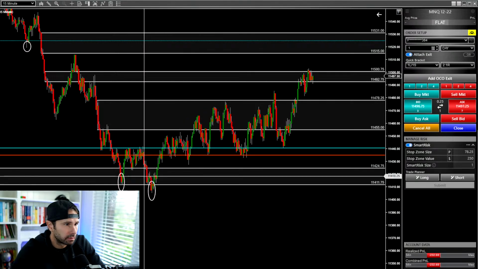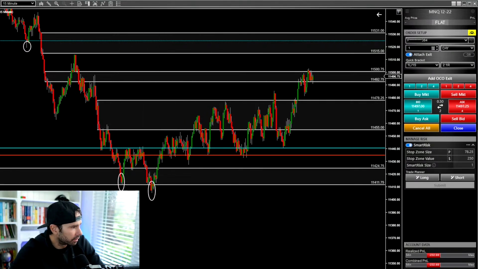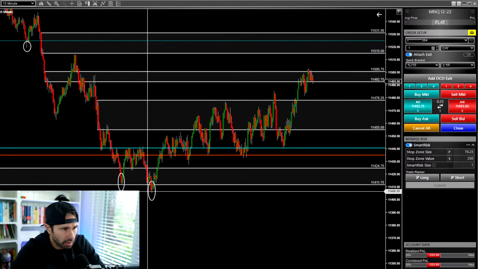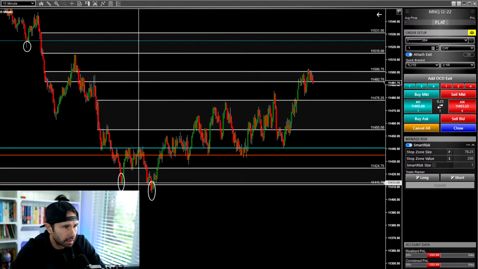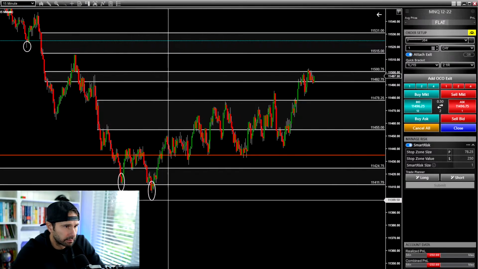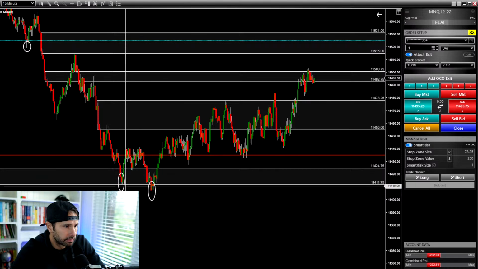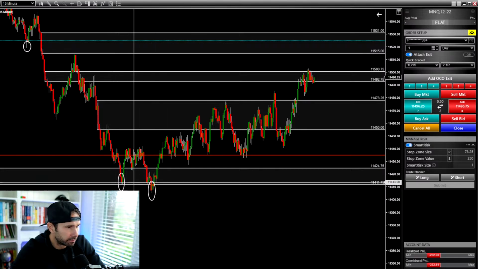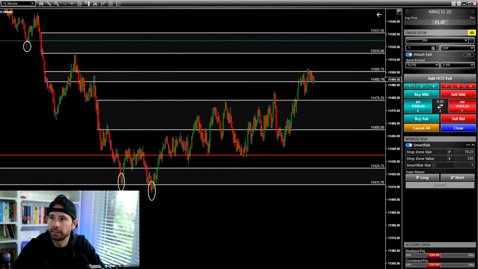So I think we need to pay attention more to what the tick chart is doing and diverging. It was not very pronounced, but it was a divergence right there.